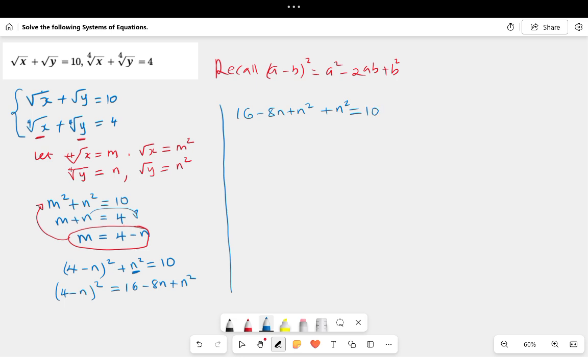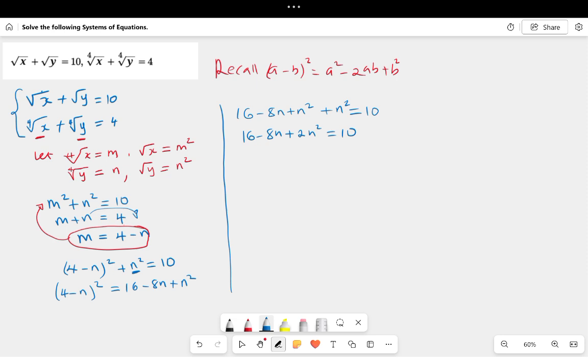All right, trying to put the like terms together, we are going to find 16 minus 8n plus, so n squared plus n squared is 2n squared, is equal to 10.